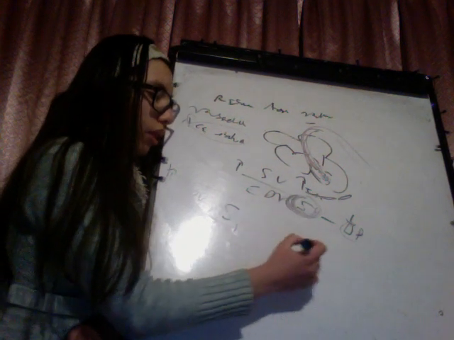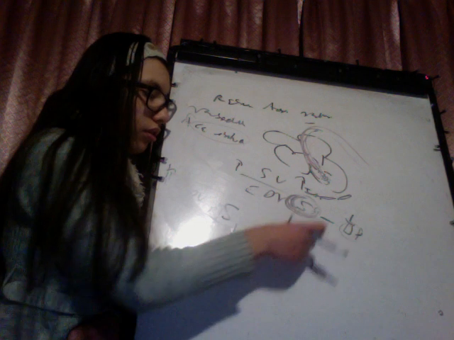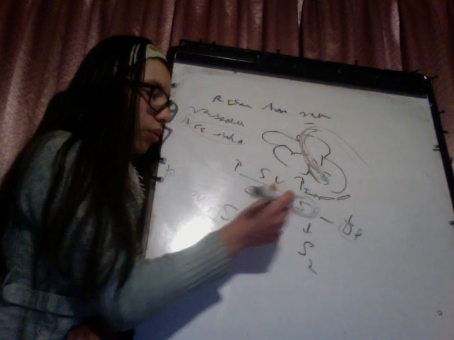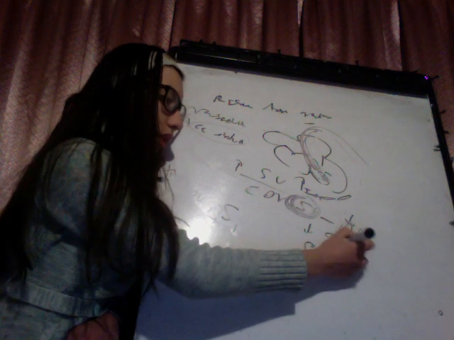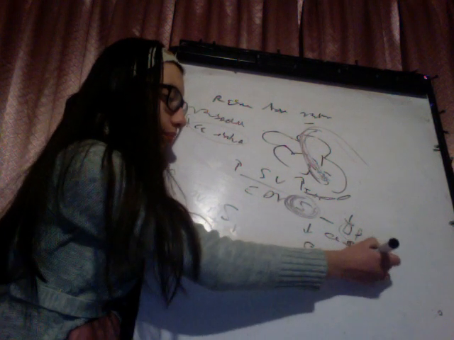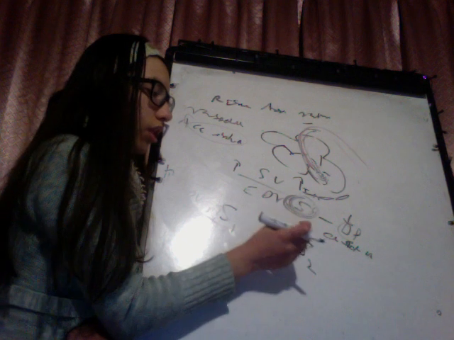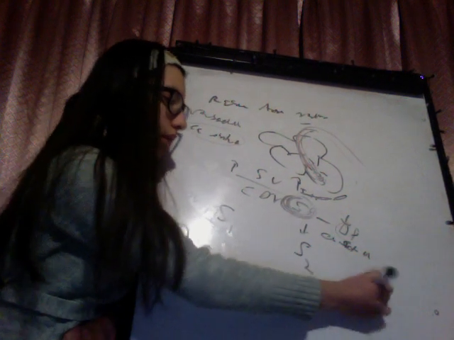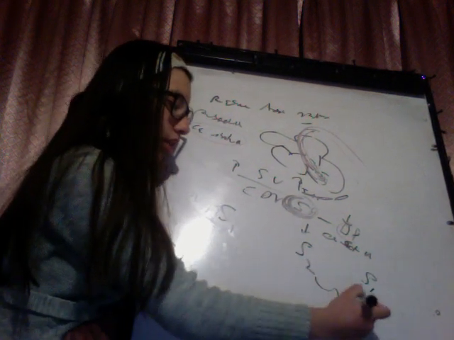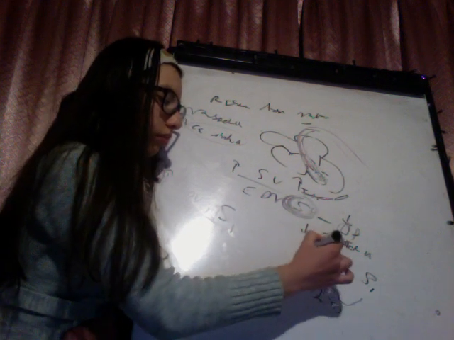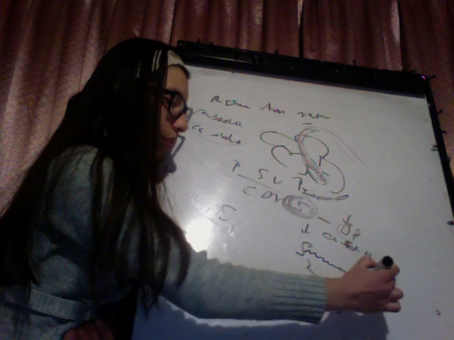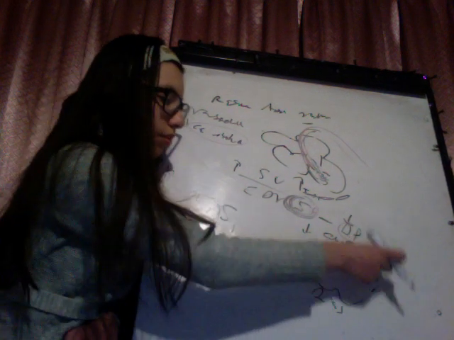S2 is the closure of the semilunar valves, and here we are not closing it. So from S2 to the next S1, this is diastole. We would listen to the murmur.